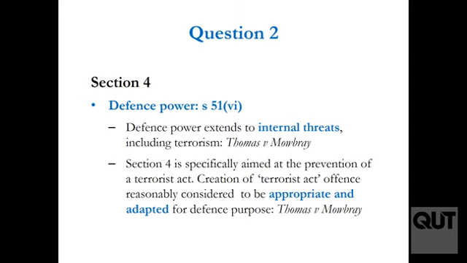The provision is specifically aimed at the protection or defence of the Commonwealth. So it would be supported by the defence power, and in fact, that would be where you would start. The defence power would be the logical head of power that you'd go for.